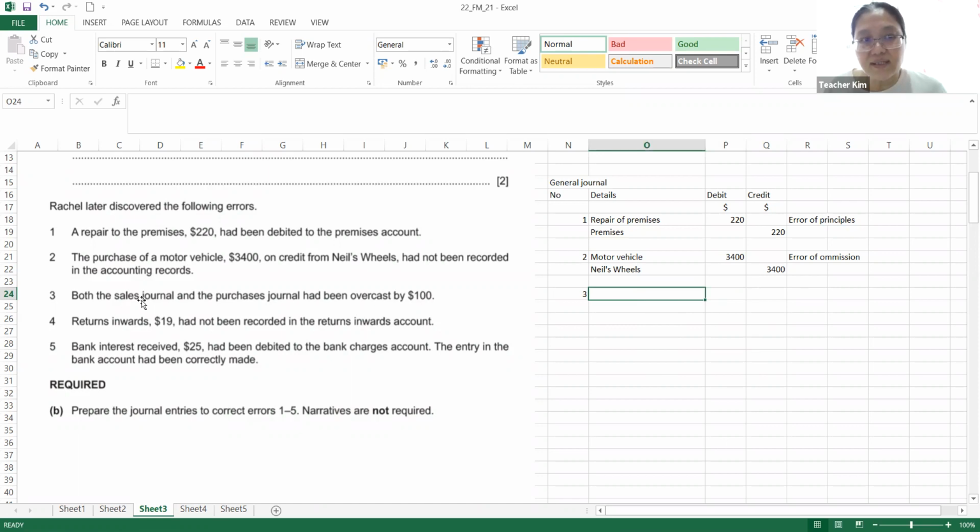So this one says sales journal overcast. Sales is in the credit side. Overcast means extra. We have to debit sales account, not sales journal. And purchases also overcast. Overcast means that you have extra recording.